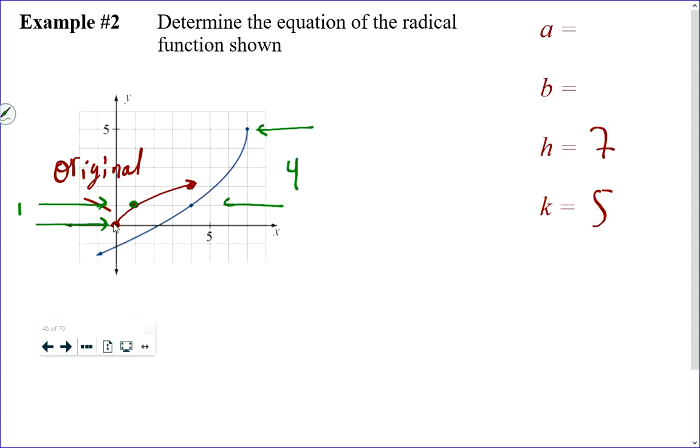And that means there has to be a vertical stretch by a factor of 4 somewhere in relation to those two key points. Which means a has to contain the number 4, but visually we can see that the graph is moving down and not up, which means there's also a vertical reflection.